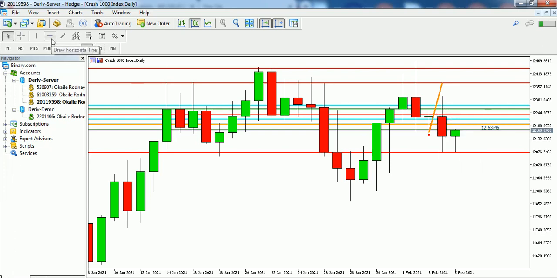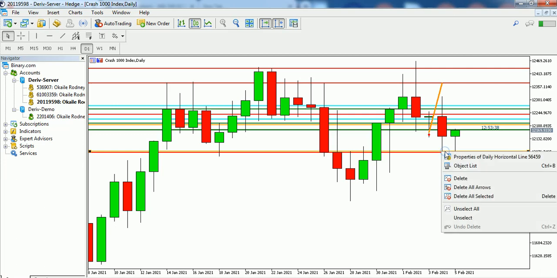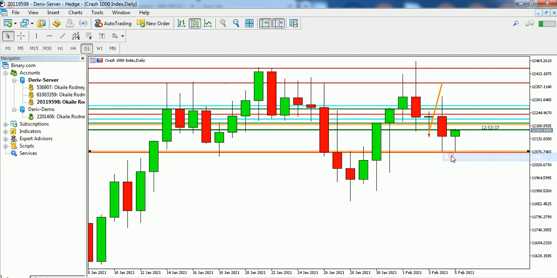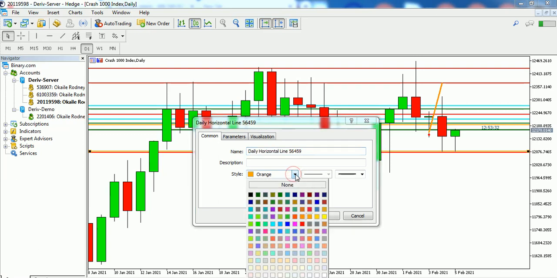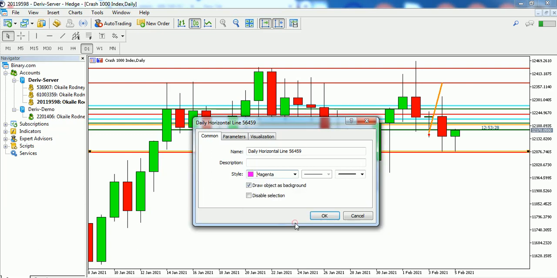You should have done this in the morning when you start your markets. So I'm going to put it right there. This is my previous day low, and I'm going to change it to my purple. I'll change it to my purple, and then I'll make it dotted so that I can distinguish it without even having to look for the description.